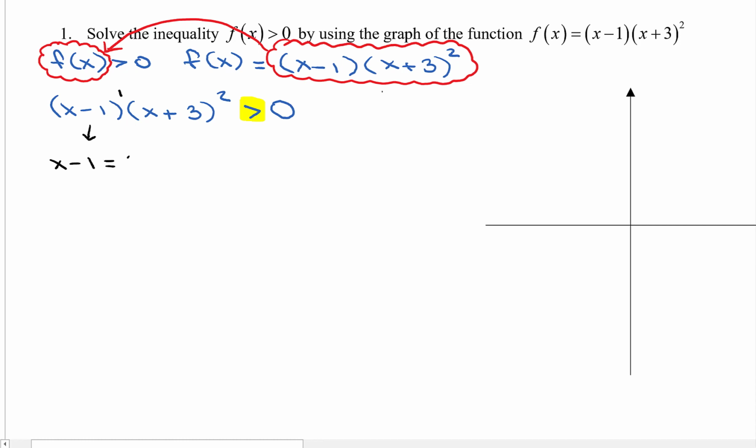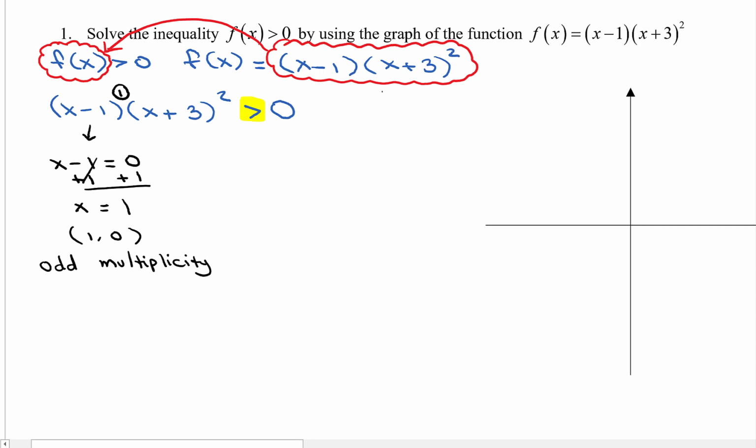All right, so first I would set each one of these factors equal to 0 to get what we call those critical numbers or critical values. And I'm also circling the exponent on the factor, because that's important, because that determines the type of multiplicity that it has. So when I set x minus 1 equal to 0 and I solve, I get x equal to 1. And because this is raised to the first power, at this x-intercept this factor has odd multiplicity.